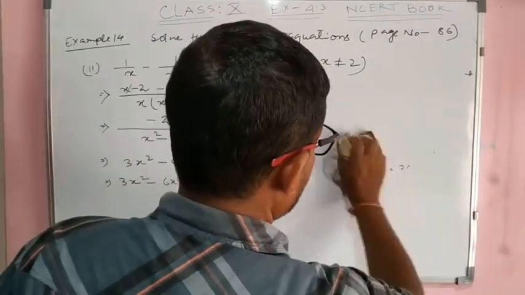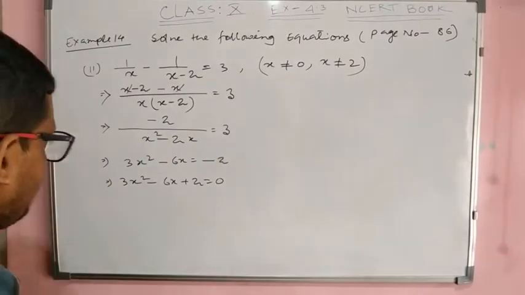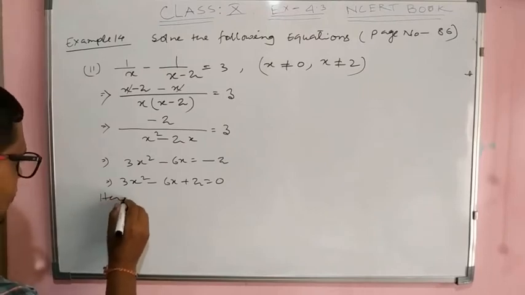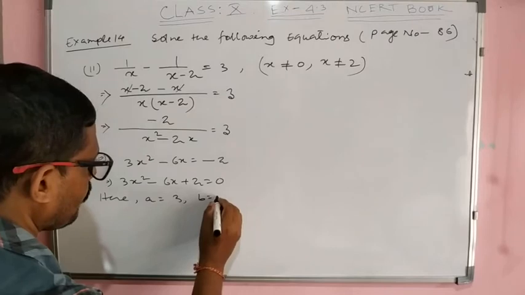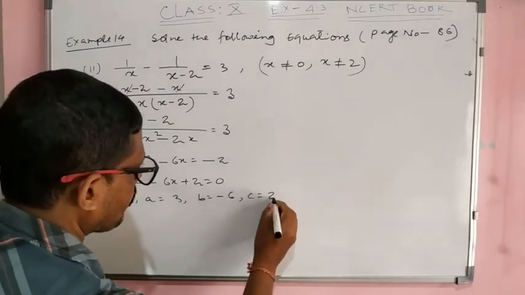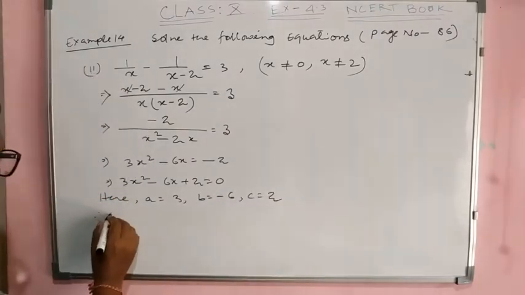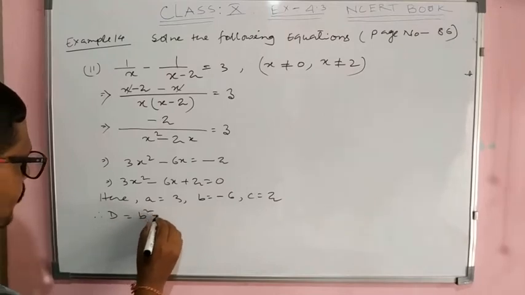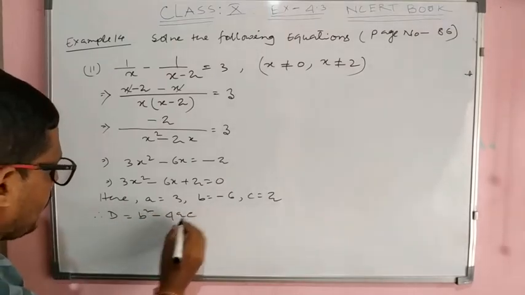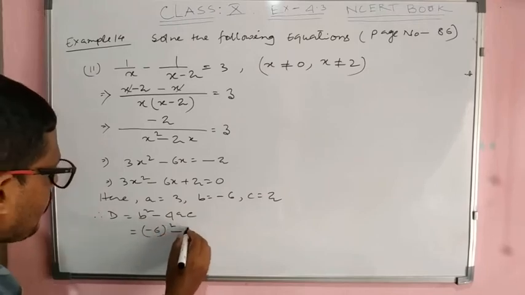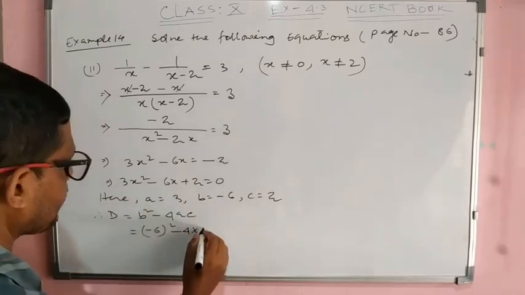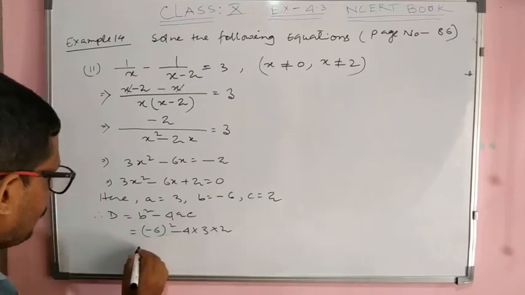So you see now, here a equal to 3, b equal to minus 6, c equal to 2. Therefore, D equal to b square minus 4ac. B means minus 6 whole square, minus 4, a means 3, c means 2.